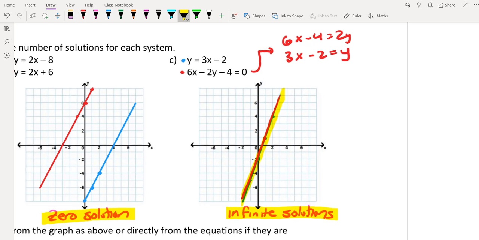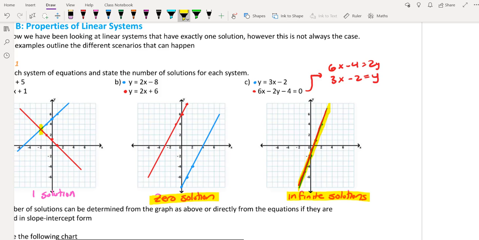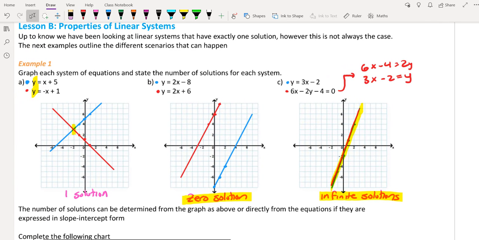So now the question becomes, by looking at these equations, how do we determine how many solutions this system has? 1, 0, or infinite? Now the way we describe a line is by its slope and y-intercept. So we compare those, and those are the properties we look at to determine how many solutions this system has.